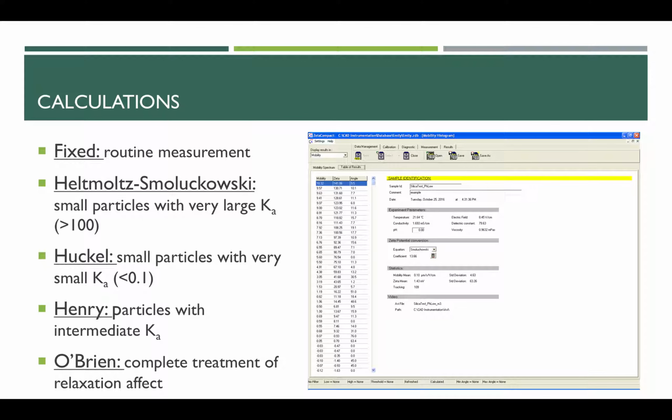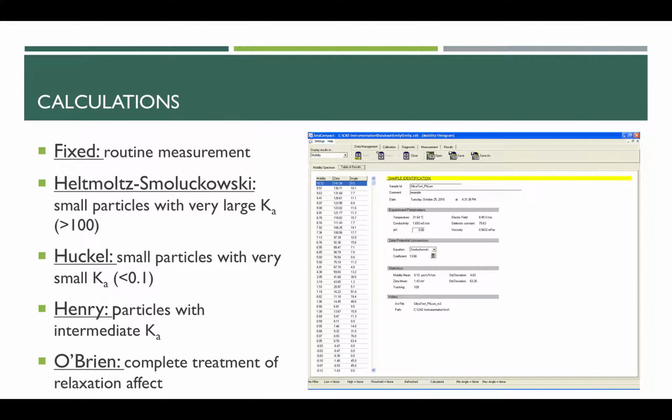For very large double layers, meaning that the particles have a very large electrostatic force around them, it is suggested to use the Helmholtz-Smoluchowski equation. On the other hand, if the particles have a very small double layer, the Hückel equation can be used. Should the particles have a moderately sized double layer, then the Henry equation should be best. Lastly, the O'Brien equation should be used when there is a significant effect due to the relaxation time.